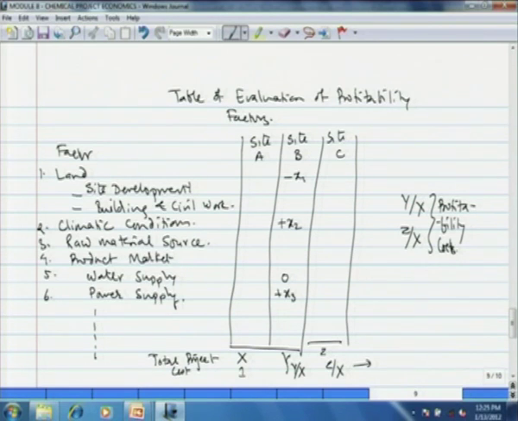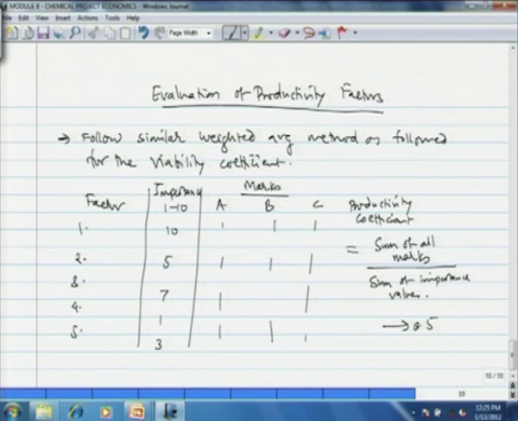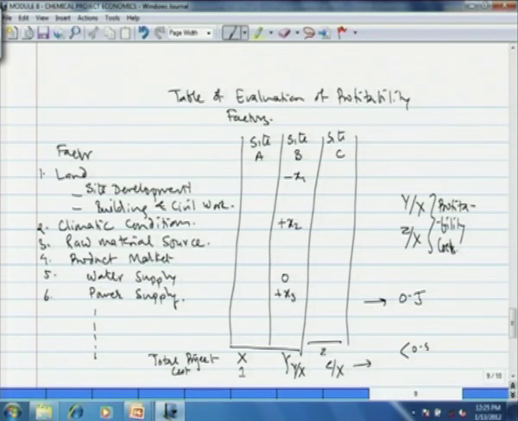This in turn mainly depends on the policy of the state government and project implementation time. How do we go? We may select a minimum coefficient for each of these factors, productivity and profitability. Like we discard the sites which have productivity coefficient less than 0.5, we discard the sites which have profitability coefficient less than 0.5, and then we have to choose the one that is the best.